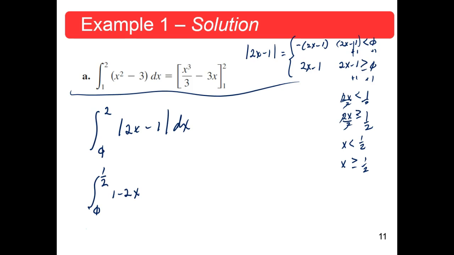But see, I just took that one up there and reversed it and said 1 minus 2x. That's just my preference. You don't have to. You can do a minus 2x plus 1 if you want to. Just multiply through. That's the first integral. Okay? Plus, then the second integral will be from 1/2 to 2. Okay? Because there, x is always greater than 1/2. And then you'll be 2x minus 1.